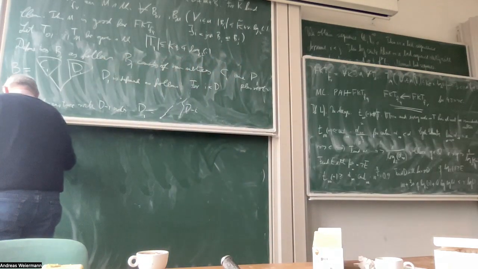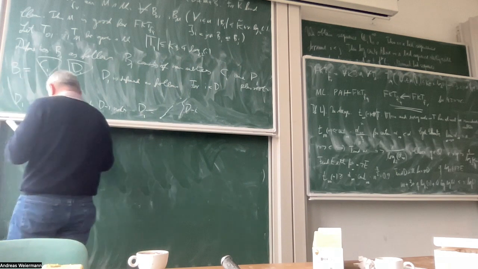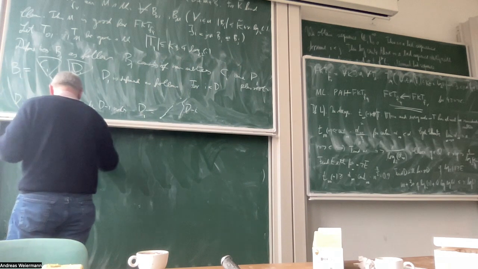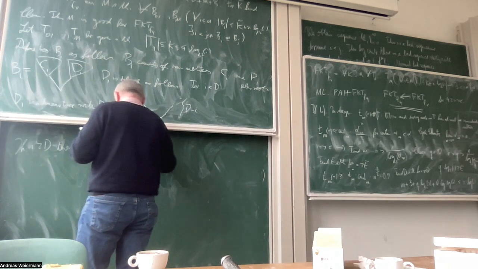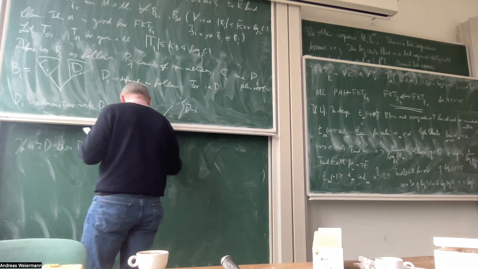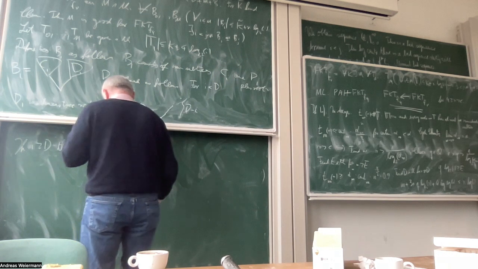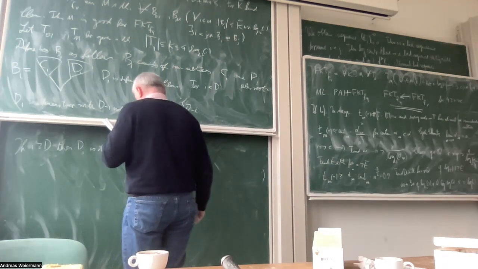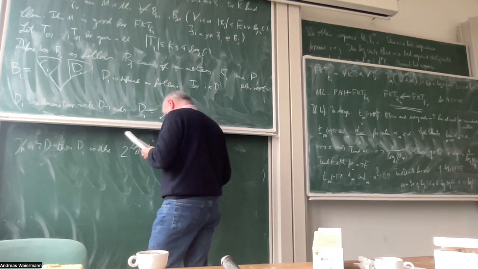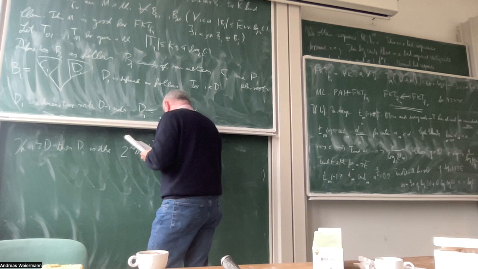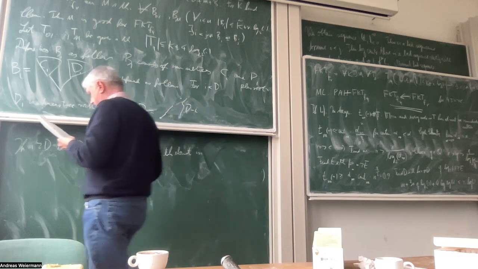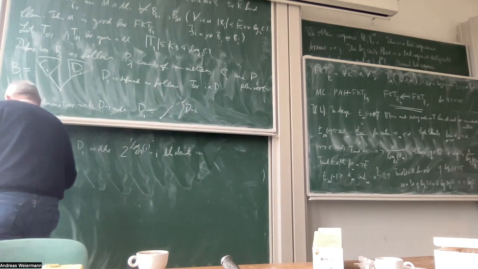So if this is B, then i is the 2 to the binary length of i minus i element following set, M R times binary log of i.